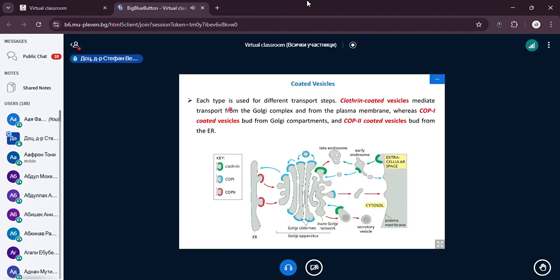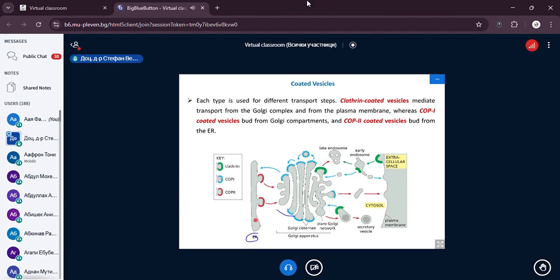Each type of vesicle is used for different transport steps. We have seen that coatomer type 2 coated vesicles are used for transportation from endoplasmic reticulum to cis-Golgi network and cis-Golgi cisternae.